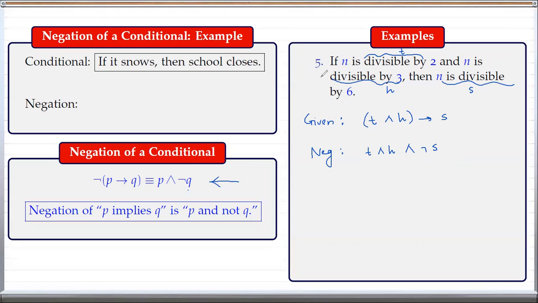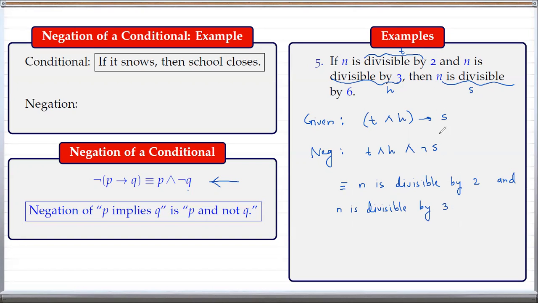And if we write it in the form of the given statement, it will look like n is divisible by 2. We have and H, n is divisible by 3.